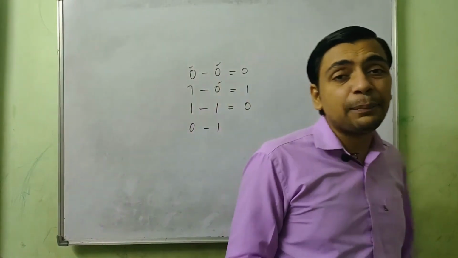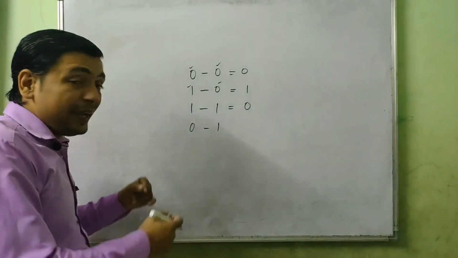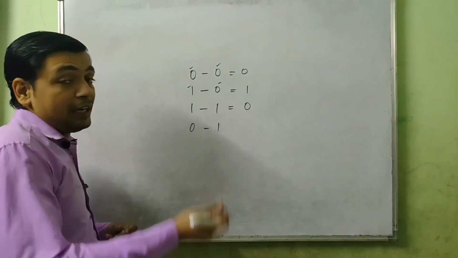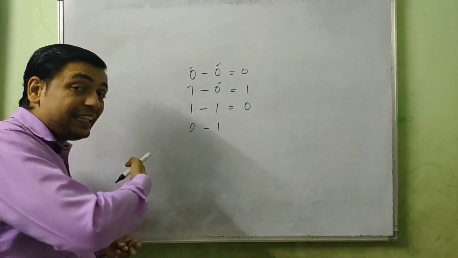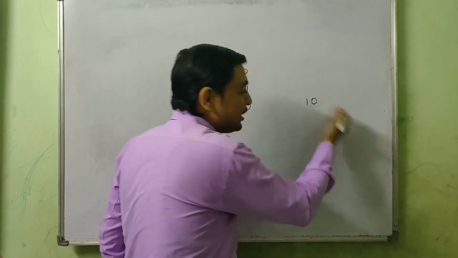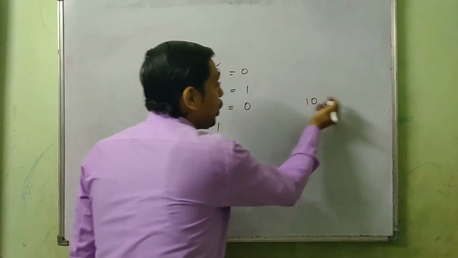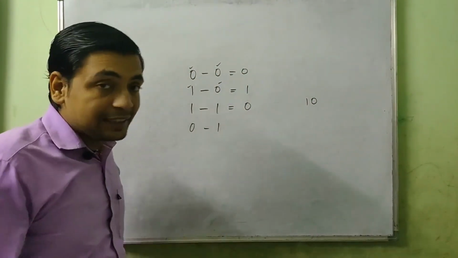Now how are you going to perform this? To perform this, we are going to take a digit from the digit preceding it. For example, if 0 is there and any number is preceding it, then we will borrow some value from there.